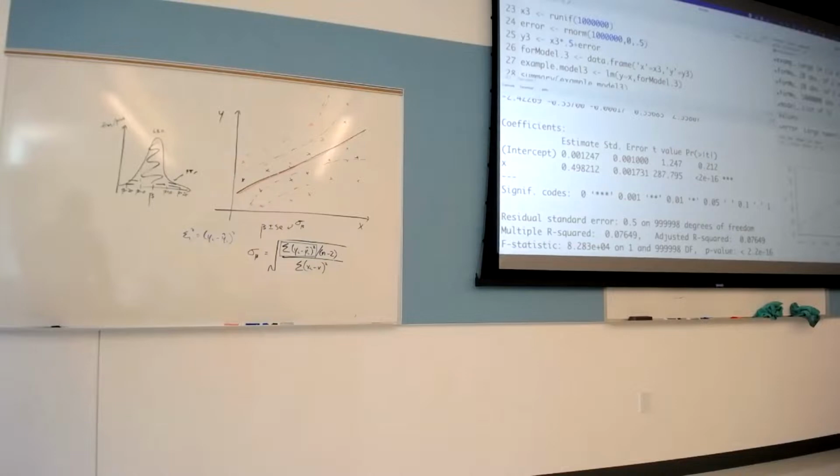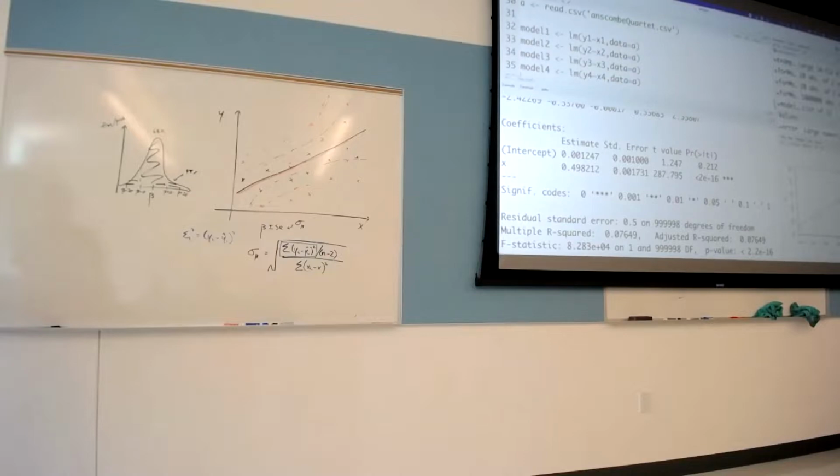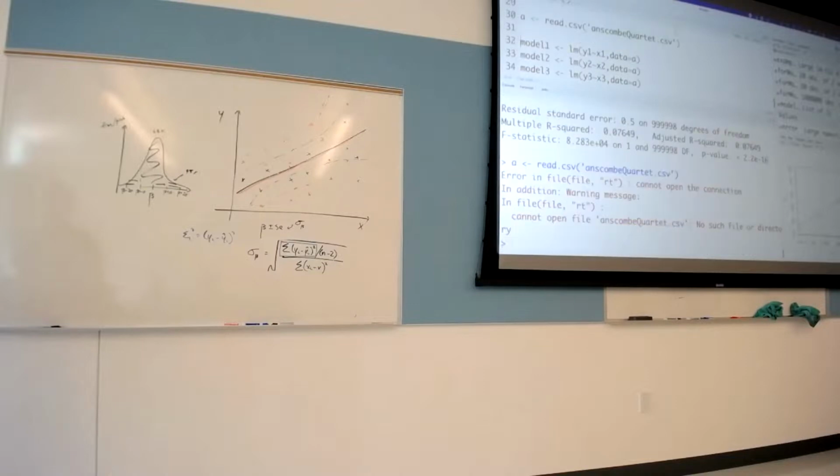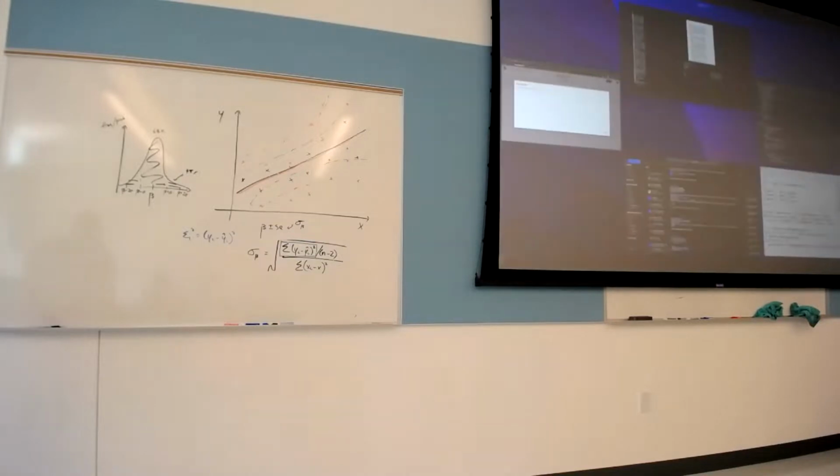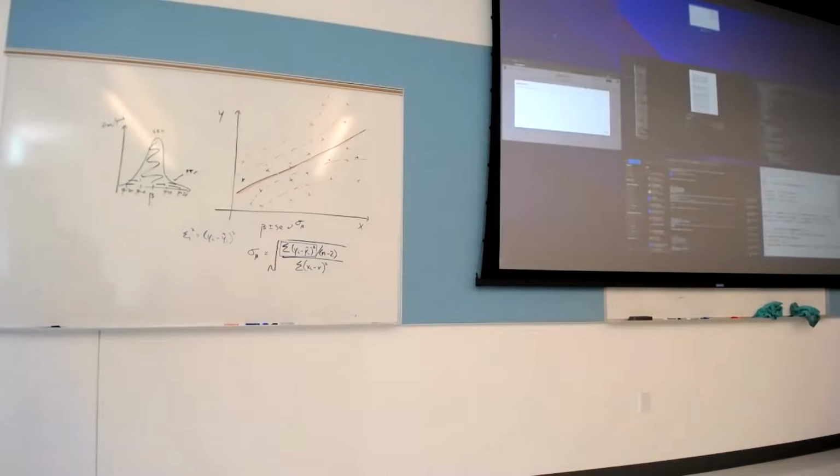I am going to do something very quick. You guys can't actually follow along here, but that's on purpose. Don't worry, this will all be posted afterwards. There is a famous data set called the Anscombe quartet. I'm going to load this in and we're going to run some regressions on it. Or not, because it's not there. All right, one sec. It's probably because I'm in the wrong working directory.